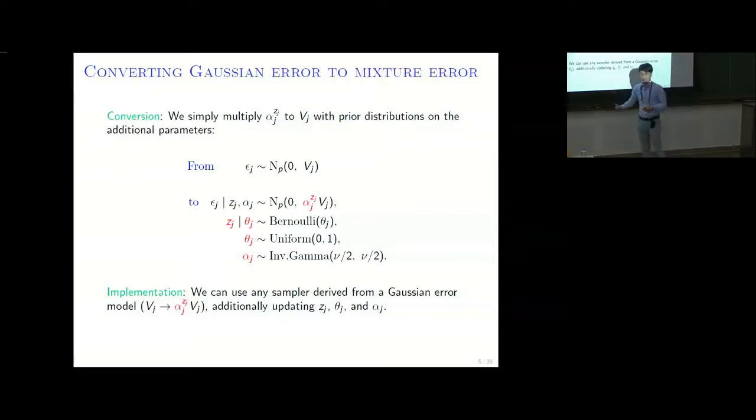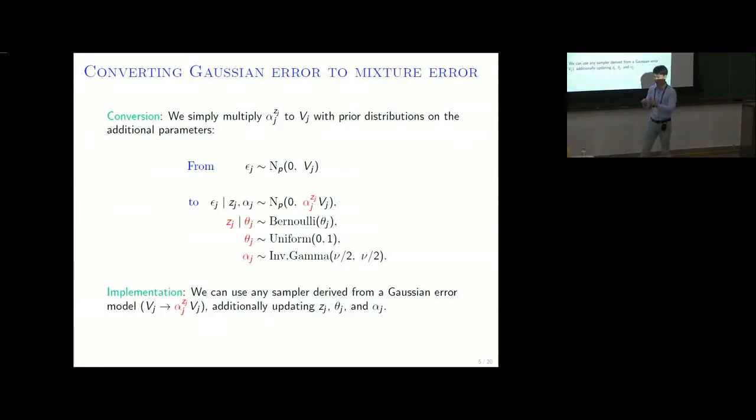Implementing this mixture error model is also very simple. What I need is your sampler based on the Gaussian error model. I will modify your sampler by replacing the known variance component with this modified variance component.